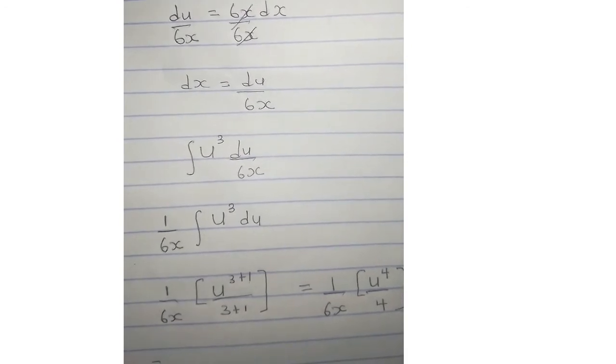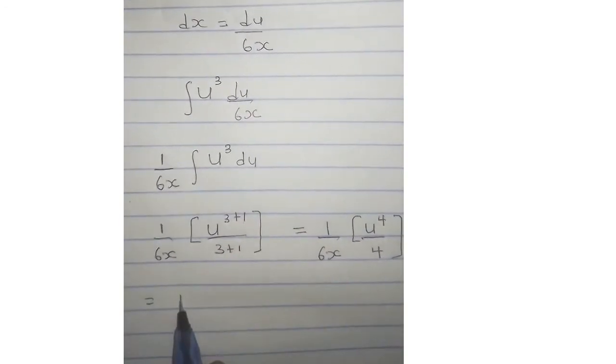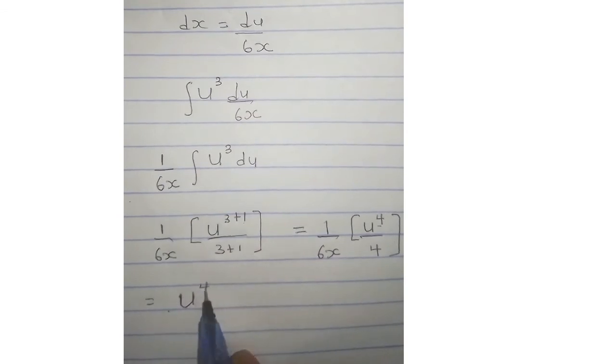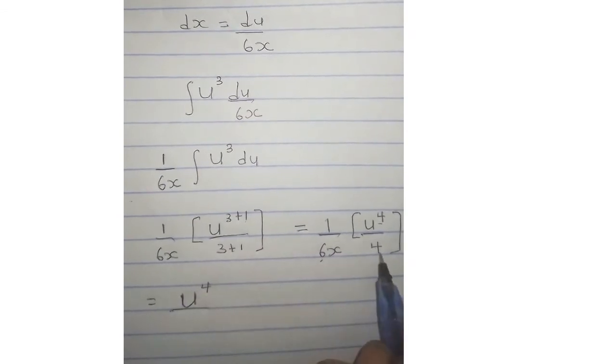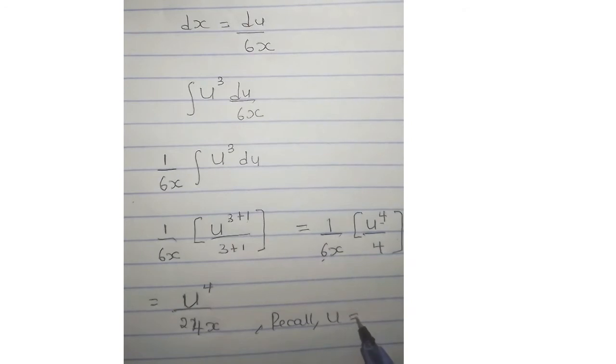When we multiply this, we're going to have u to the power 4, and 6x multiplied by 4 is 24x.